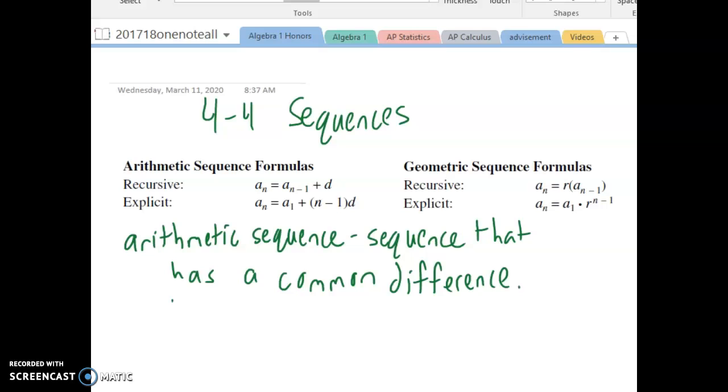Now, let's take a look at geometric. The recursive formula for a geometric sequence says that a sub n equals r times a sub n minus 1. What does that mean?